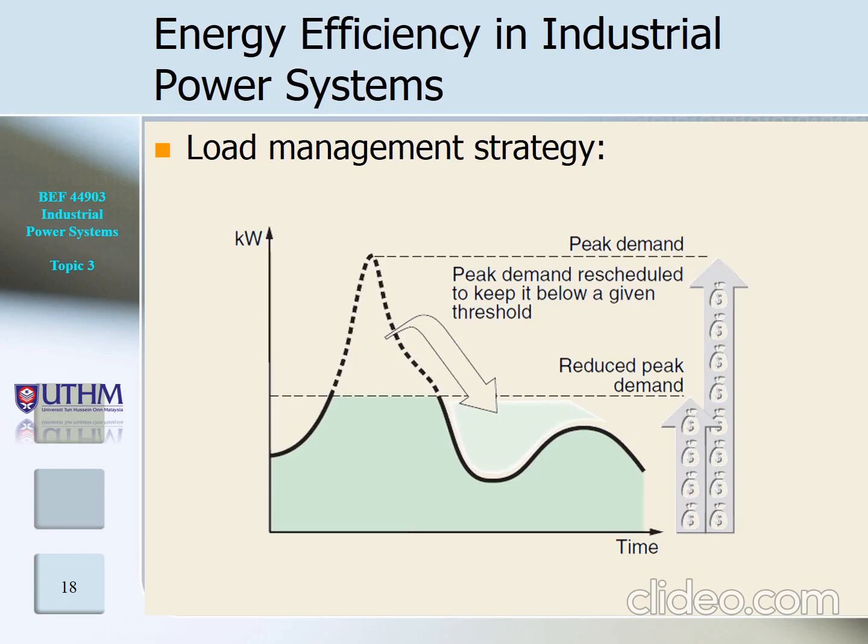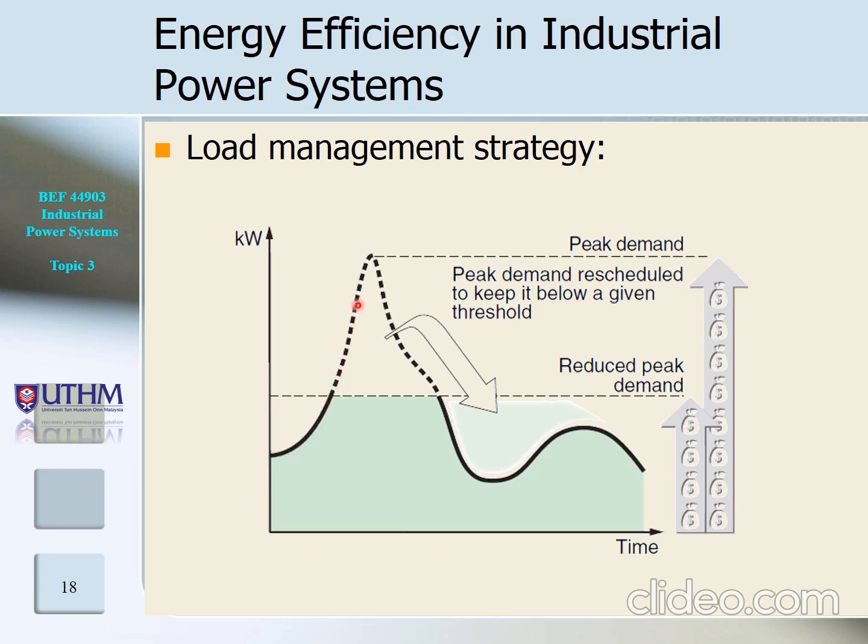This is the load management strategy. This strategy is important to make sure that the industry pays a low bill. We can see here the graph of kilowatt versus time. This is the usage of energy.